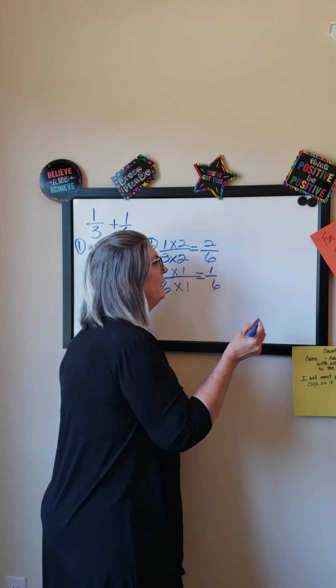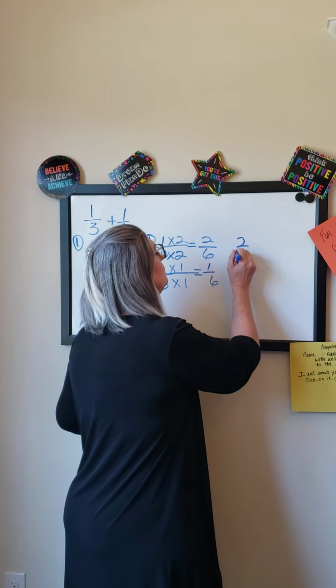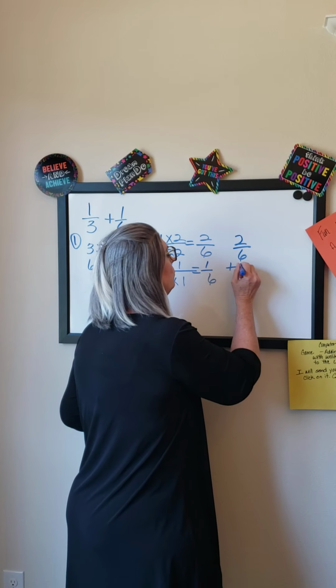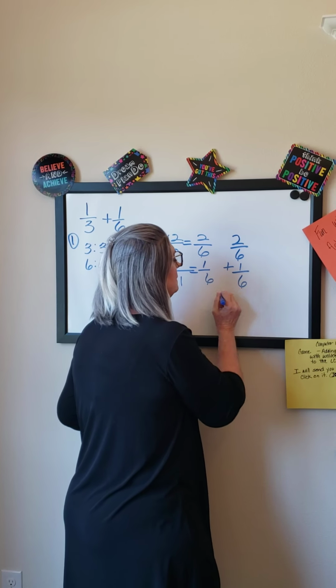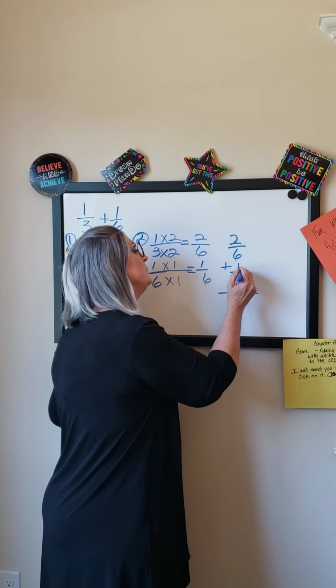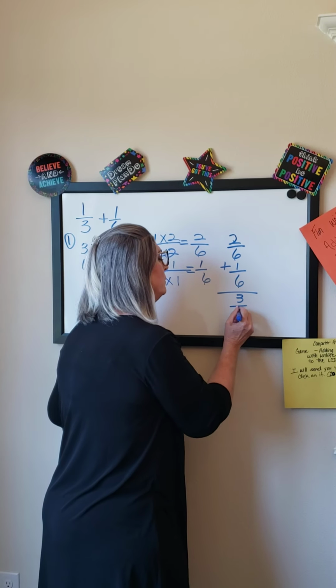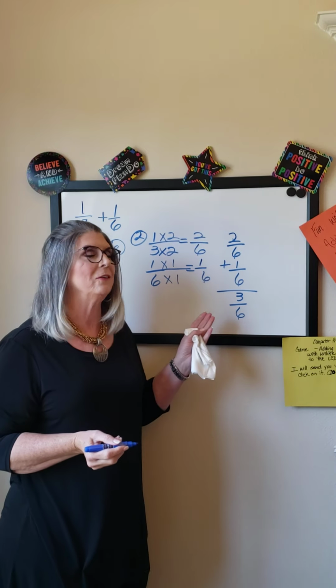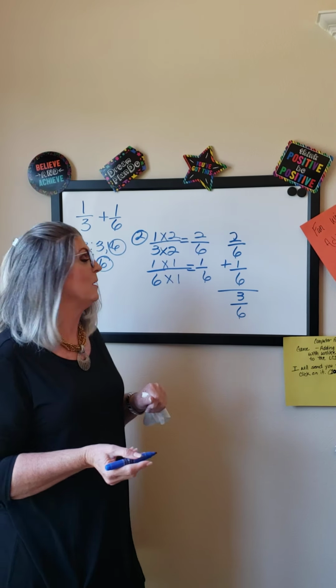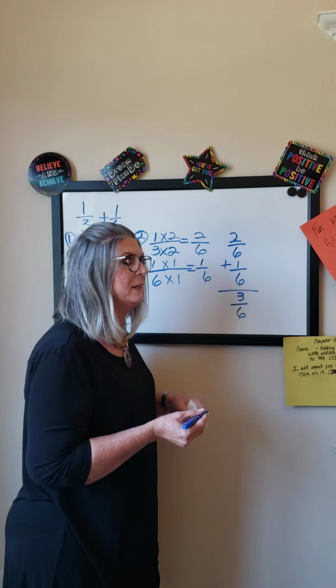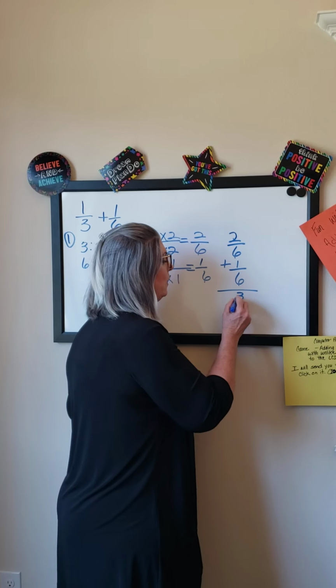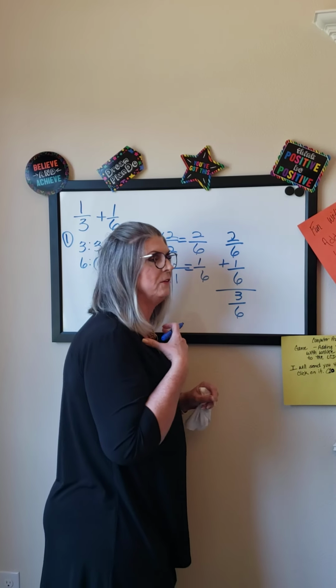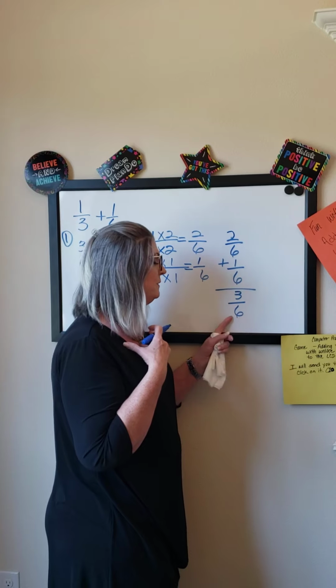So I would like to write the problem again. 2/6 plus 1/6, so we can see it better. 2 plus 1 is 3 over 6. Now, is this at the least common denominator? Well, it isn't, so we need to take it down to the least common denominator. So 3, I always ask, can I divide 3 into 6?